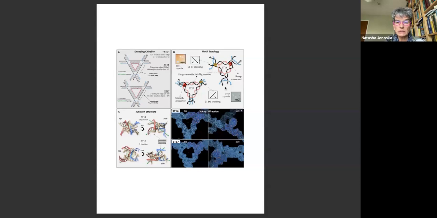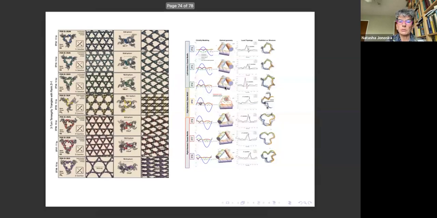So the chirality turned out to be really dependent on the number of nucleotides from one junction to the other. There's nothing we can do about it, but we can explain it mathematically, because those are the curves that had to be satisfied. So these are the experimental results on the left, and the mathematical comparison on the right.